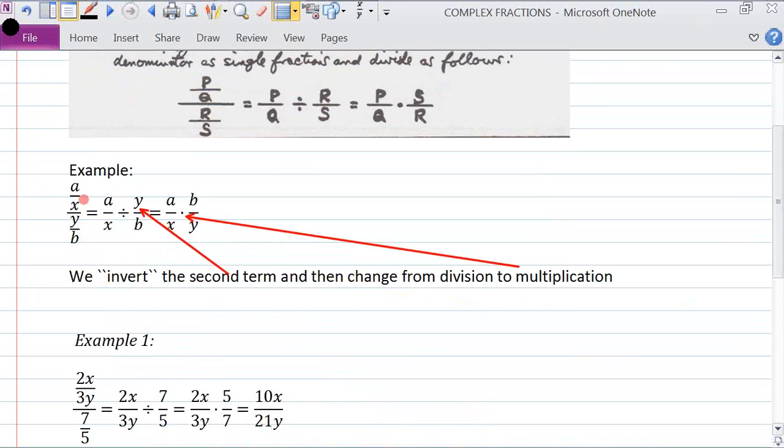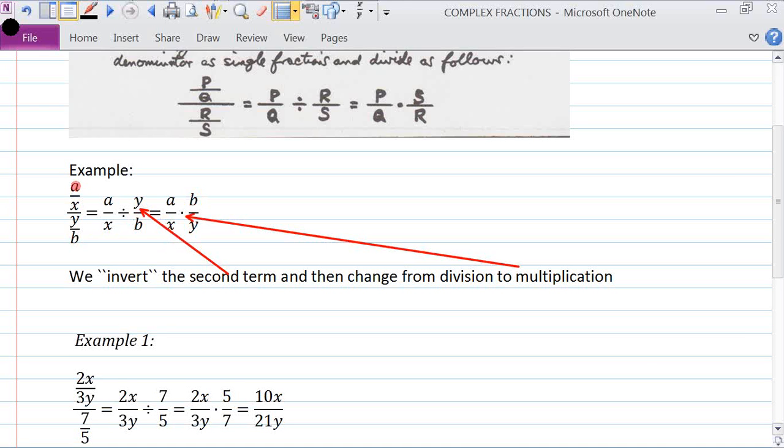Now, a over x divided by y over b is a over x divided by y over b. I've just rewritten this statement. This is the numerator. This is the denominator. The numerator divided by the denominator. Now we flip the y over b and it becomes b over y.